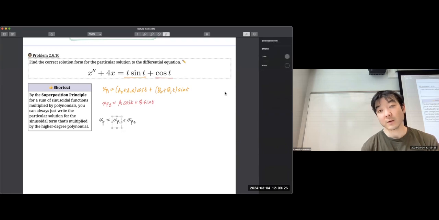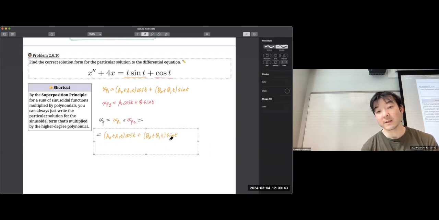This one is my orange one, and this one's my red one. Then I'm just going to use what we just set up. This is your first particular solution, and then I'll move this down here and add the second particular solution.